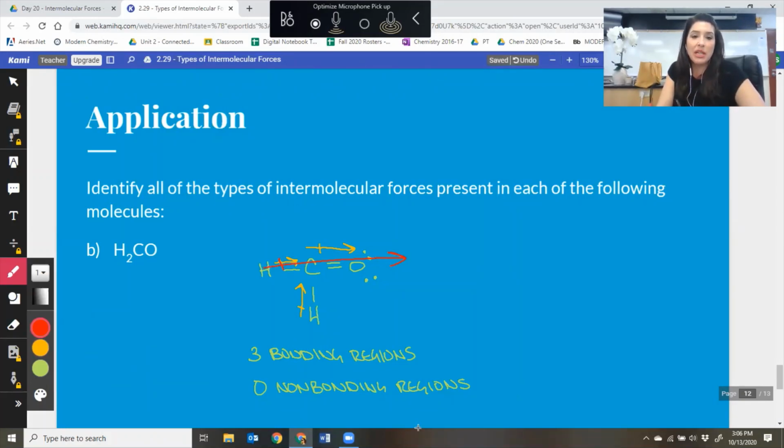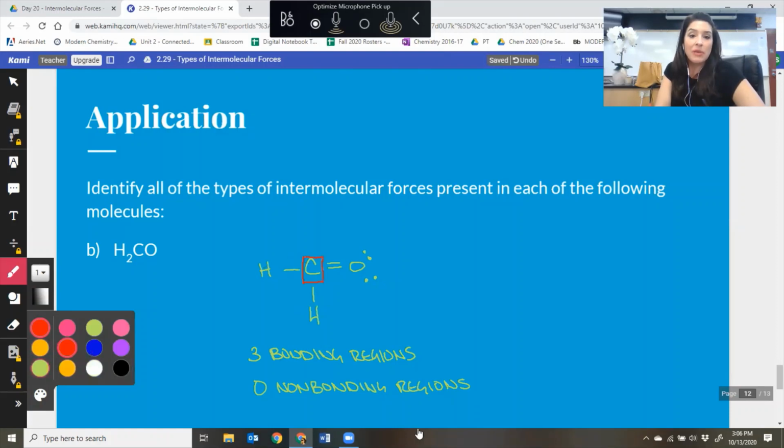Looking at geometry, I see that I have 3 bonding regions, that is to say 3 areas of electron density touching bonds, and 0 areas of non-bonding electron density around carbon. So there are no non-bonding electrons here. So now I can determine the types of intermolecular forces. Well, all molecules include London dispersion forces.